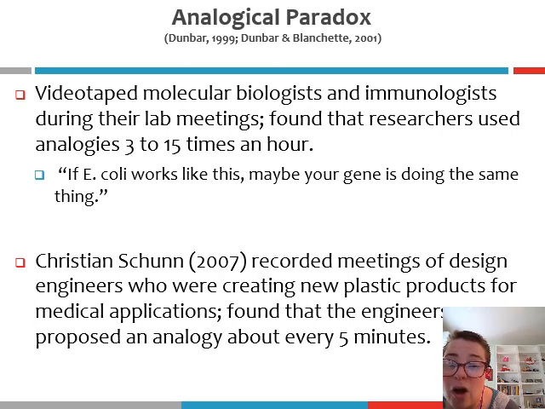But in fact, all of the naturalistic or real world research seems to suggest that we're actually really good at problem solving. And particularly, the use of analogies seems to be quite common.